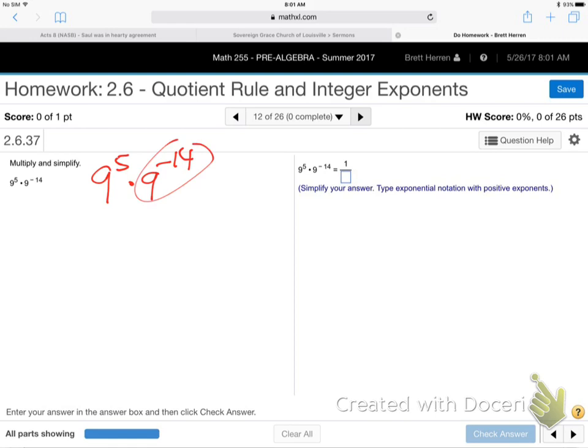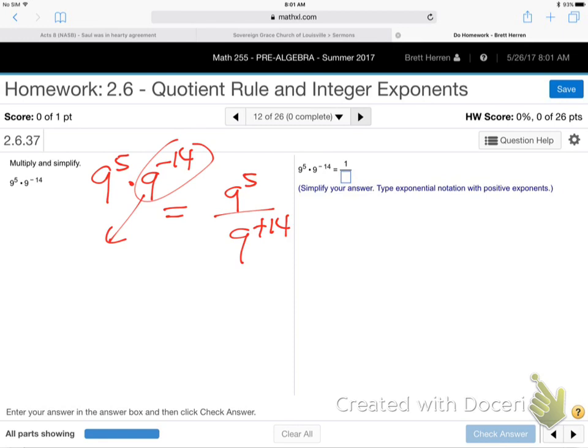So this negative power jumps to the bottom and becomes positive. Good so far? Now, what do we do from here?